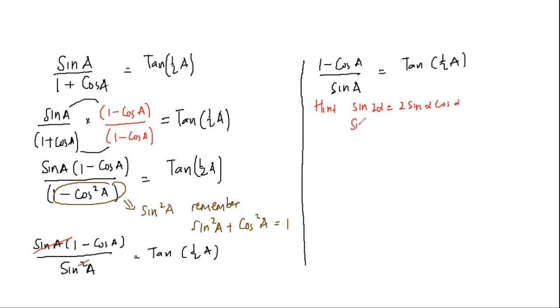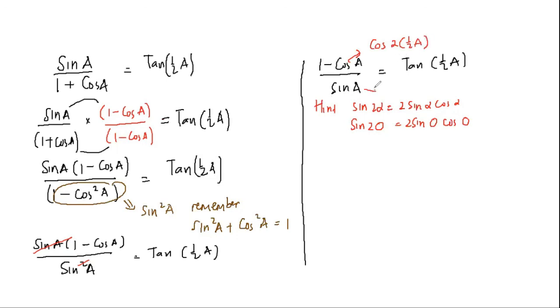Okay, what about sine 2 circle, 2 sine circle cosine circle. You can modify this one. Cosine A, it will be cosine 2 times a half A, correct? Yes, sir.